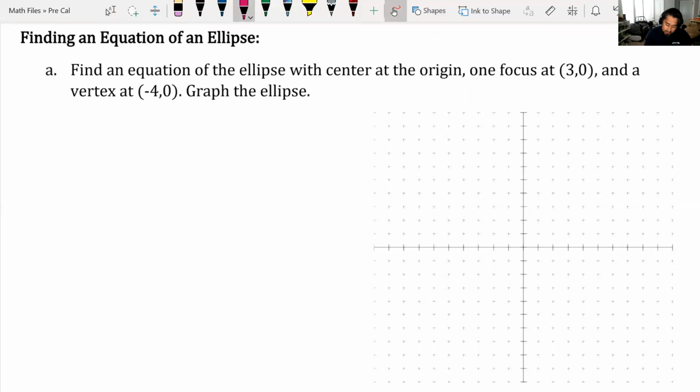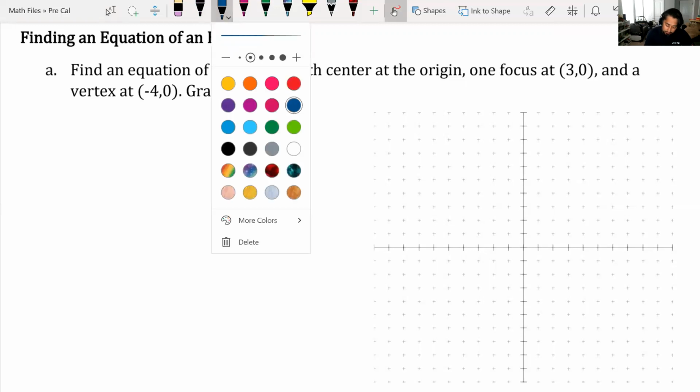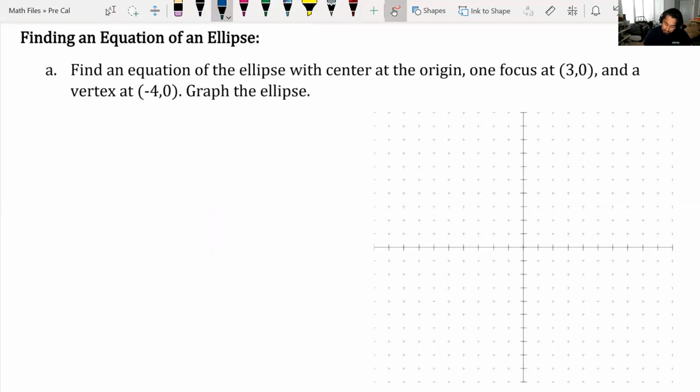So they're giving us that our center is at the origin, so 0, 0, right there. And then they tell us that a focus is at 3, 0, right there.